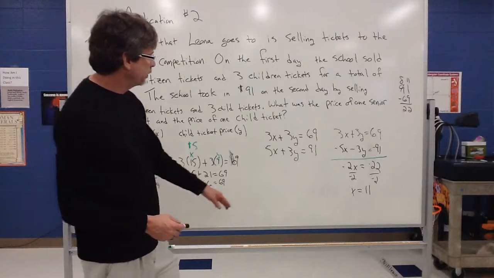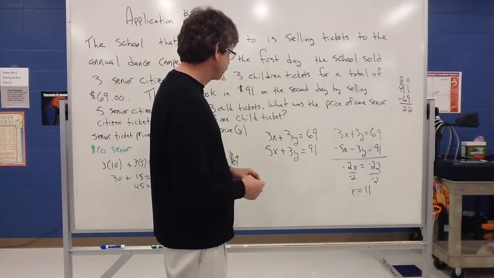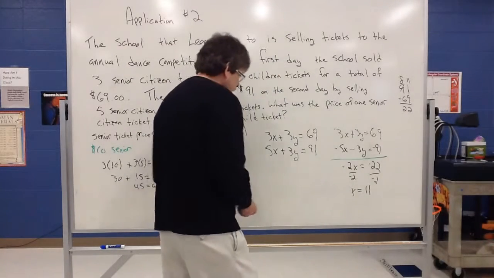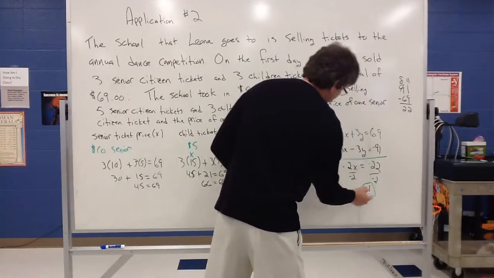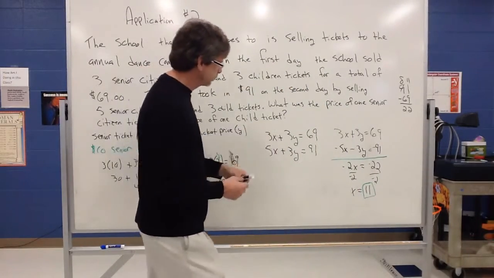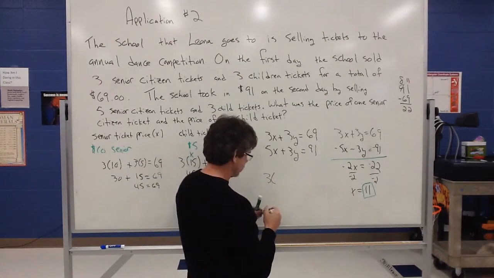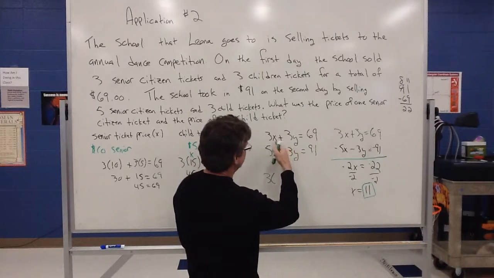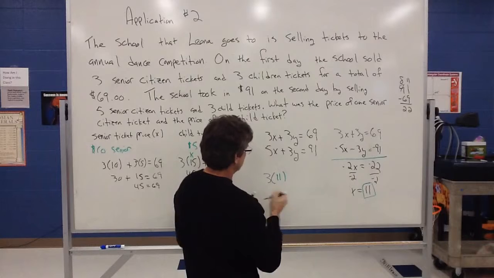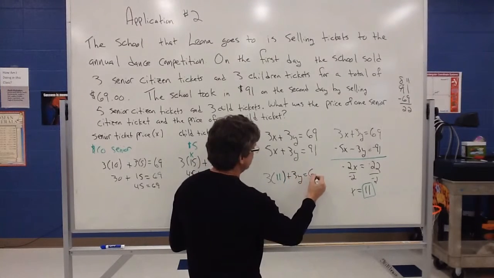Now that I found what the senior ticket is, I'm going to substitute the 11 in and find the price of the child ticket. I'm going to replace x with 11 in one of these equations. I'm going to just use the top equation. So I have 3 times 11 plus 3y is equal to 69.